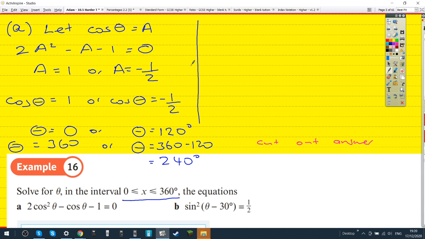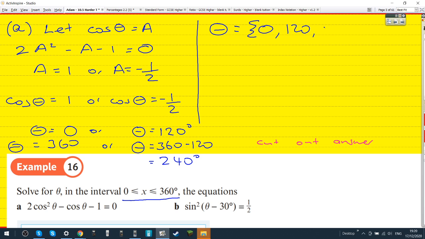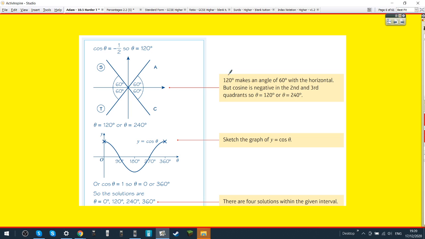And so what are our solutions for theta for part A? 0, 120, 240, 360. Well done. And it can be useful to do them smallest to biggest. Great. 0, 120, 240, 360.